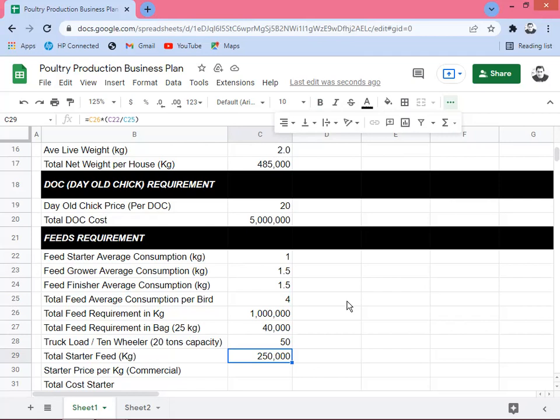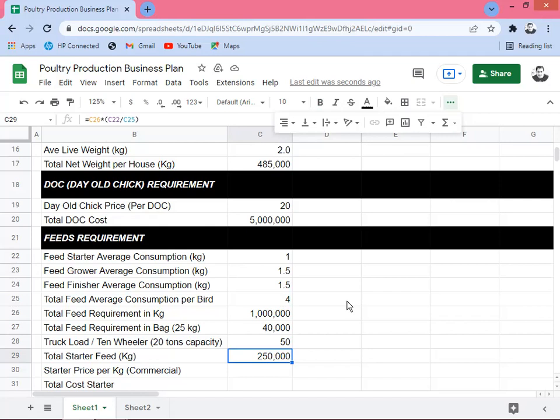These feeds, as I said, could be mash feeds or crumble feeds. Crumble feeds are made when they batch or mix the feeds, usually in mass production, because they grind the maize or corn, the soya, and all the grain cereals.